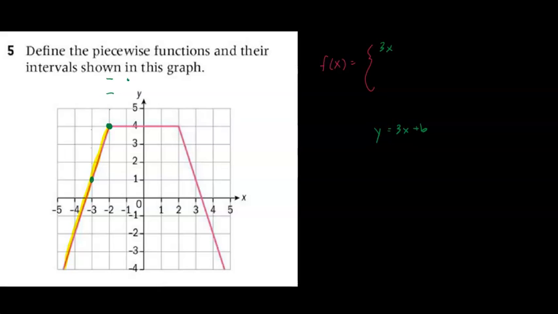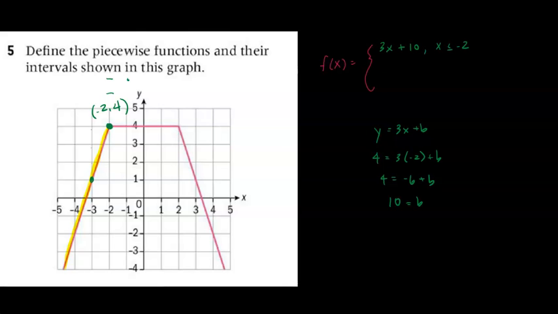You could input this point right here, -2, 4, as your x and y. So 4 equals 3 times -2 plus b. 4 equals -6 plus b. So b is going to be 10. So we get 3x plus 10. Now we have to define our parameters. So I can include this point right here, and I can say x is less than or equal to -2. Okay.